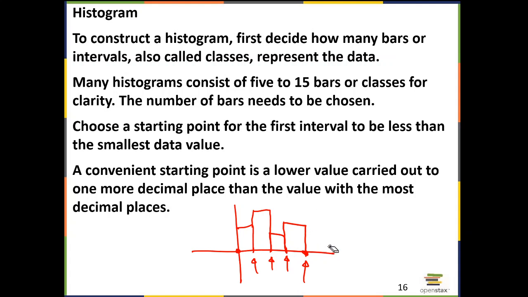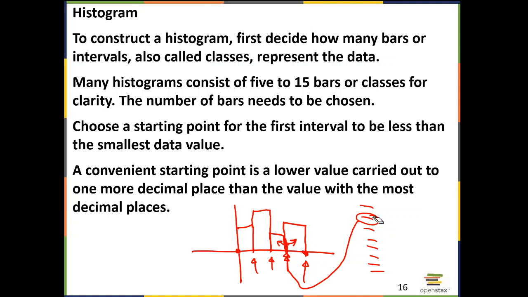Now, the trick here, and I'm going to explain it a little more in a second, is that if you have a bunch of numbers, you don't want any of these numbers to be at the boundaries, because if a number is at the boundary here, does it belong to this bar or this bar? It's kind of confusing.